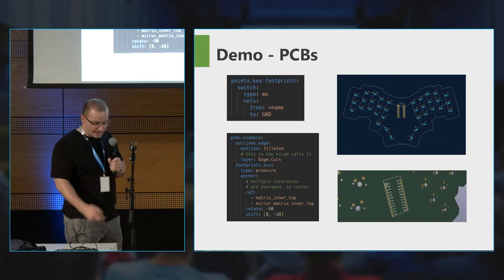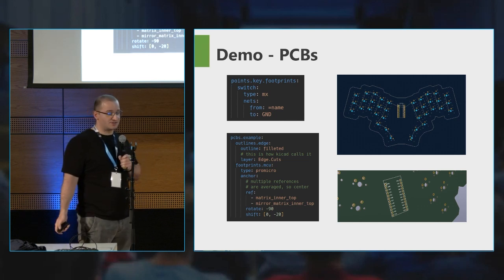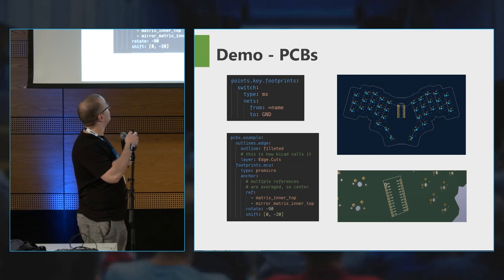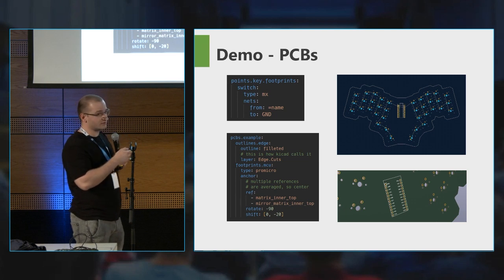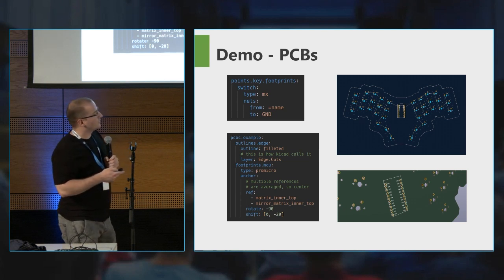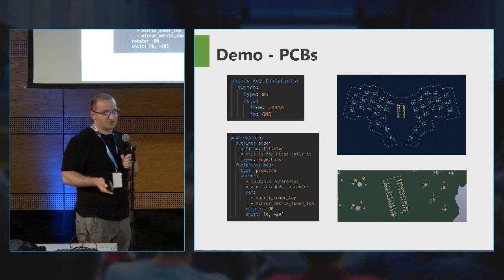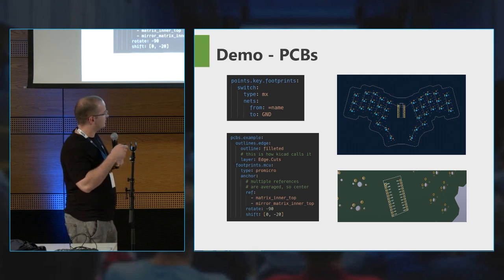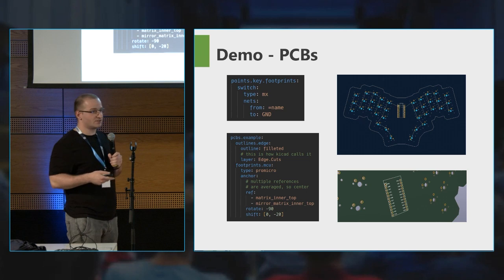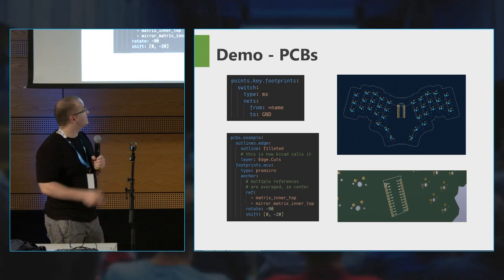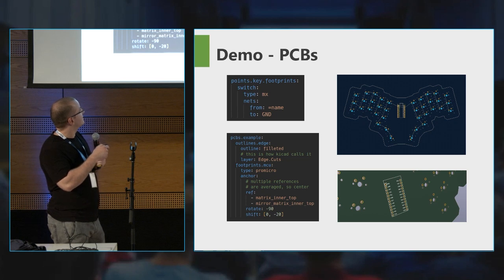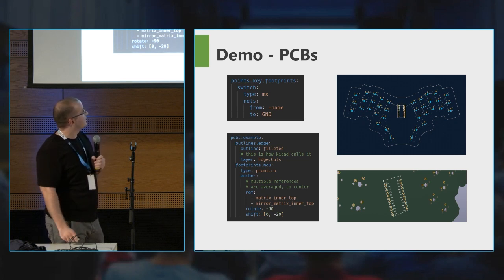This is for footprints, and for defining the PCB itself, we just define a block like this, where we reuse the filleted outline from earlier as the edge cuts layer for KiCad. We use the key footprints by default, and then we can also declare additional global footprints like this Pro Micro, which is a reference to the most common microcontroller, Arduino's Pro Micro, that gets laid out at the center of the board.